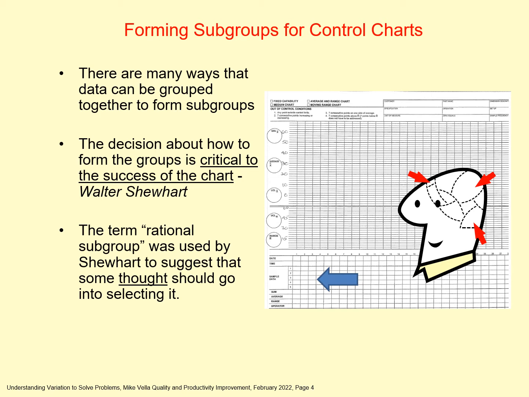Dr. Walter Shewhart said that the decision on how to form these subgroups is critical to the success of the chart, and he's absolutely right. He coined the term rational subgroups to suggest that some thought should go into the selection, and hopefully we'll be able to help you with those thoughts.